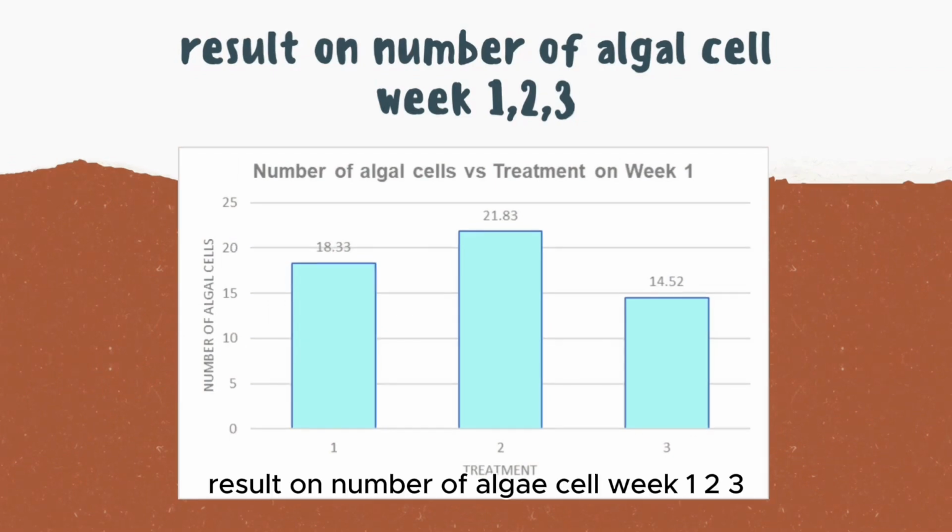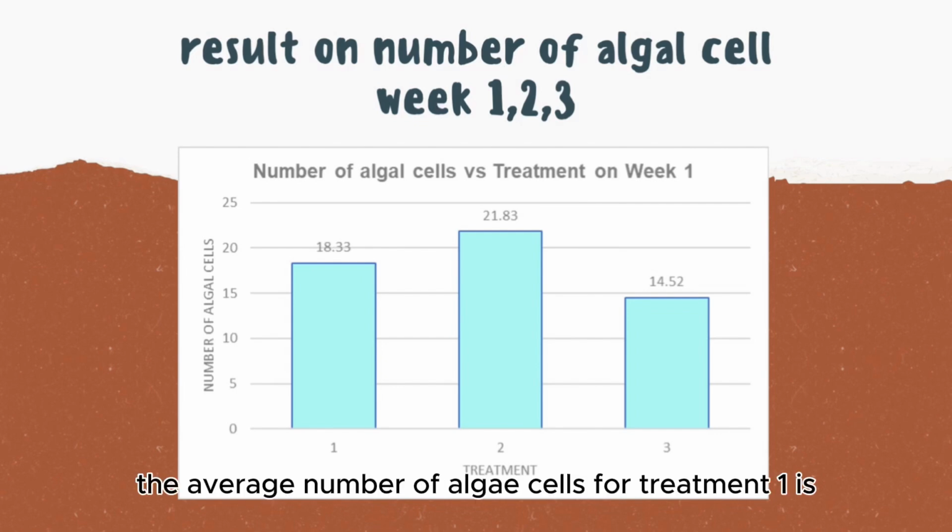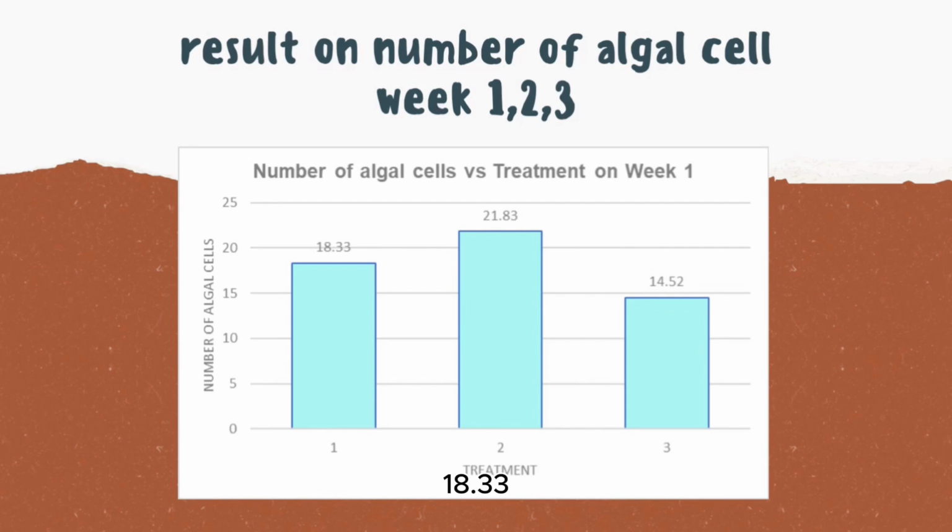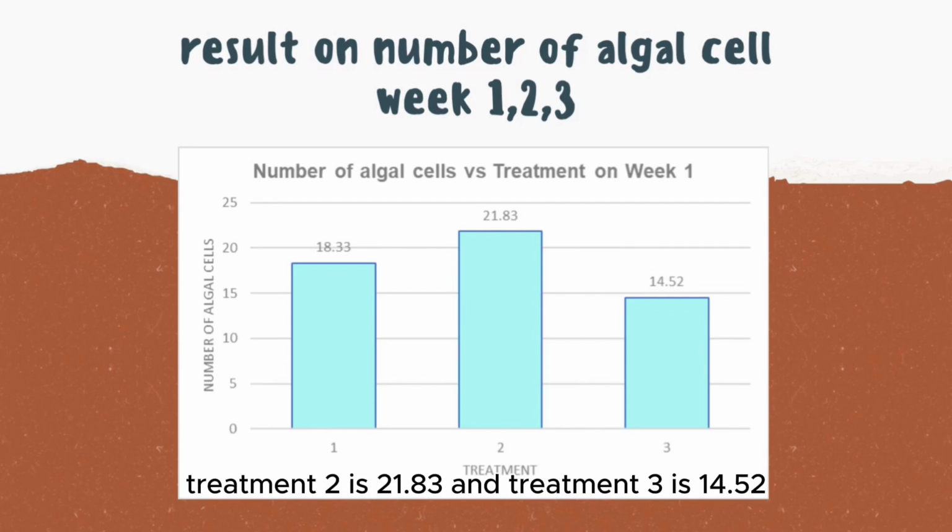Result on number of algae cells, week 1 to 3. Week 1, the average number of algae cells for treatment 1 is 18.33, treatment 2 is 21.83, and treatment 3 is 14.52.